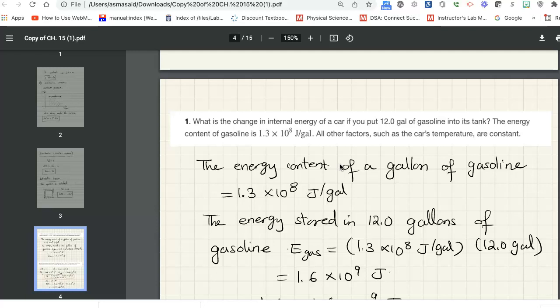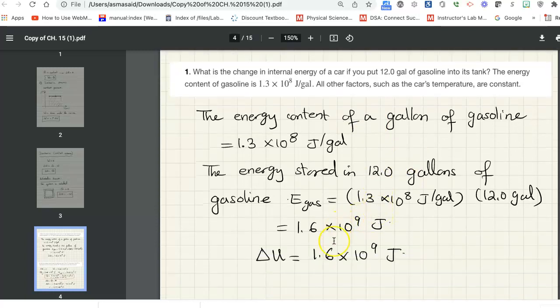All other factors such as the car's temperature are constant. Now, the energy content of a gallon of gasoline is 1.3 × 10^8. And if I have 12 gallons in that car, then it's going to be 1.3 × 10^8 times 12, and that is going to be 1.6 × 10^9.